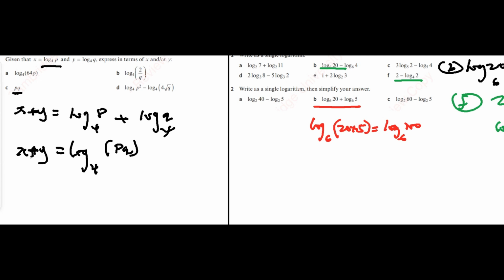So what are we going to do from here? I can just convert logarithm to exponential form. Let this base carry this and equals to this. So 4 raised to power x plus y equals pq. There are other ways to solve this, but I think that's the fastest way for me.